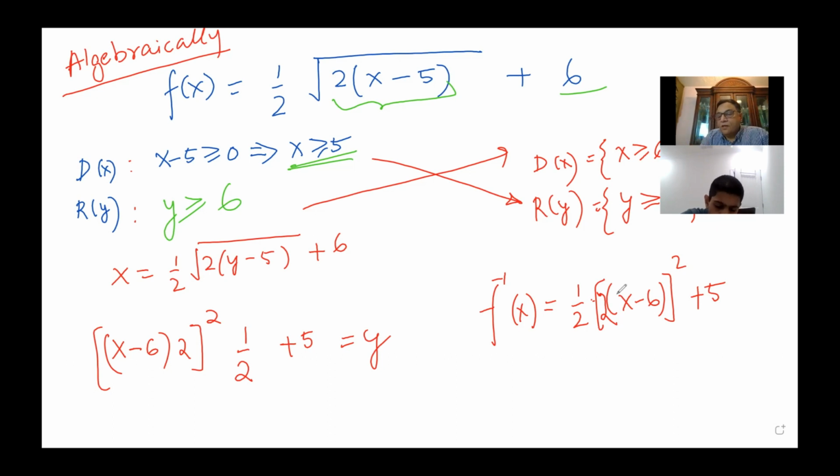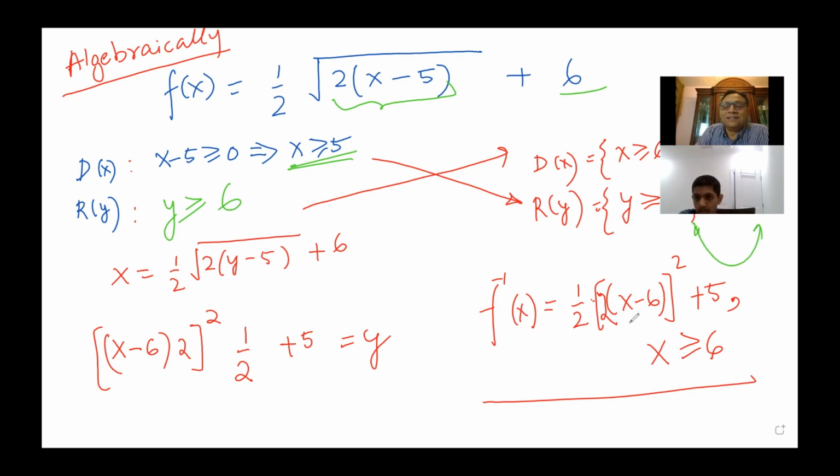As soon as you write this function, if you do not include the domain or range, then your answer is incorrect. So as soon as you write it, also write comma, x is greater than or equal to 6. Now we have a function which is the inverse of the given function. If you do not write this, then that really means you are talking about a parabola which will be going up like this. But no, we are not talking about this.